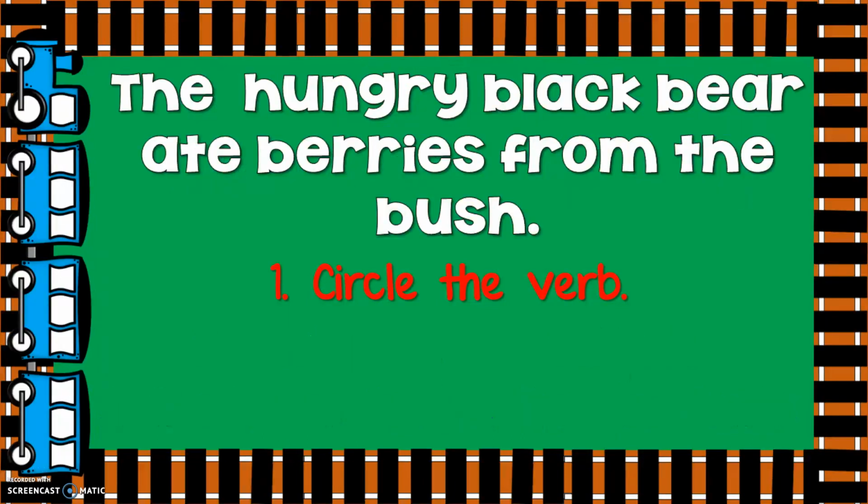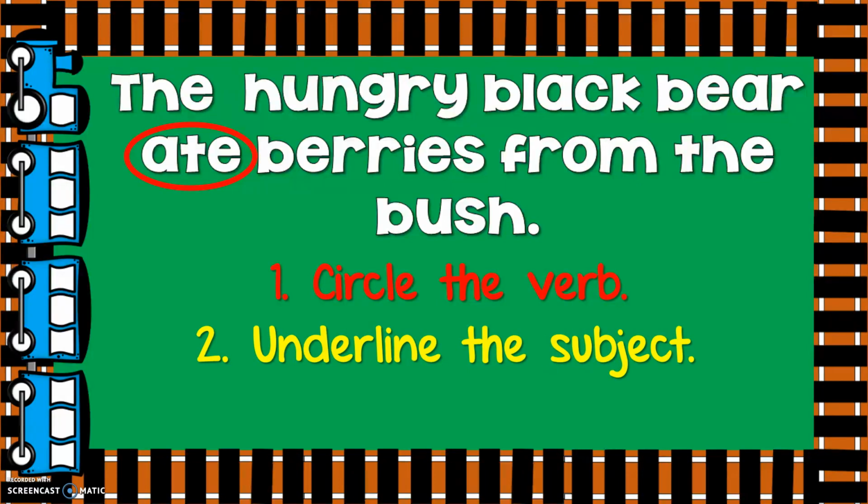The hungry black bear ate berries from the bush. Circle your verb. What's the action? What is the action in the sentence? If you circled ate, you are good. Next, we're going to do the subject. Who or what is the sentence about? Please underline it. The whole part, not just bear.